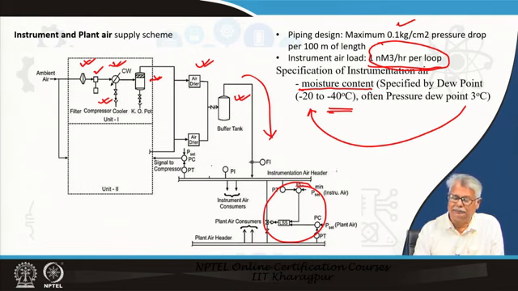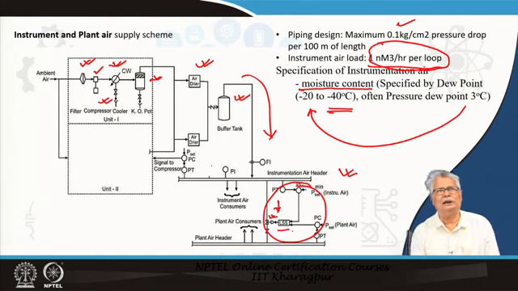In case the pressure in your instrument air header falls, the supply of plant air from the instrument air header gets stopped by closing of this valve. So, you have a low selector switch here. That is a part of the instrumentation that you normally have.